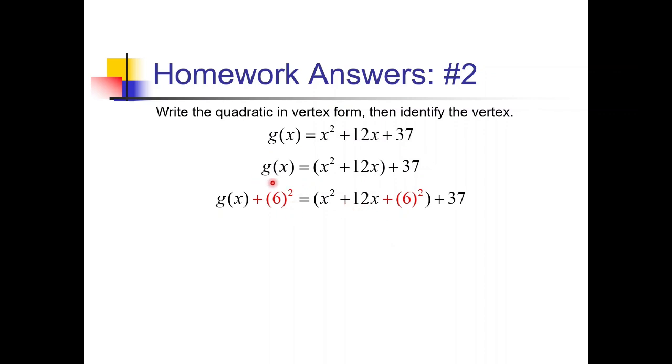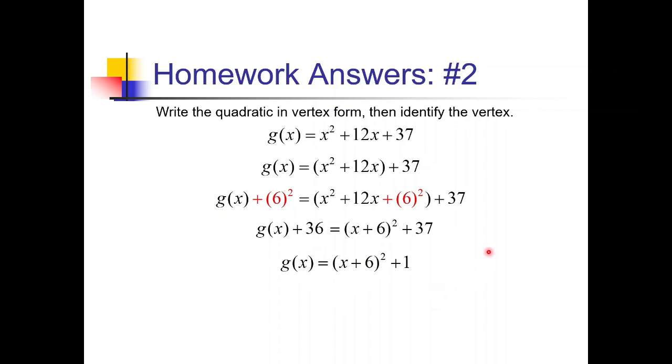So on the left side, we can simplify that to g of x plus 36. That's fine. On the right side, I can factor this now into x plus 6 quantity squared. And we still have that 37 hanging around. All we have to do now is get g by itself by subtracting 36. So we have g of x equals x plus 6 squared plus 1.